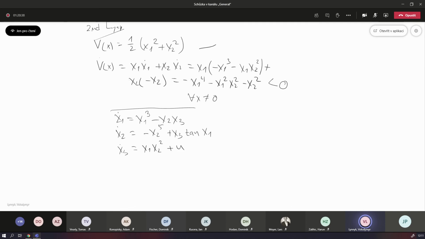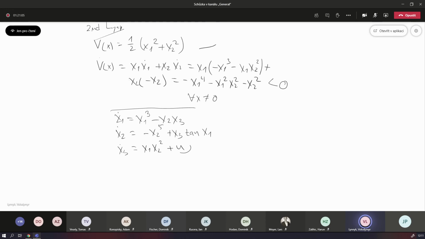And we need to design this u that renders the origin globally asymptotically stable. Okay, what we need to do? We can use the Lyapunov function here.